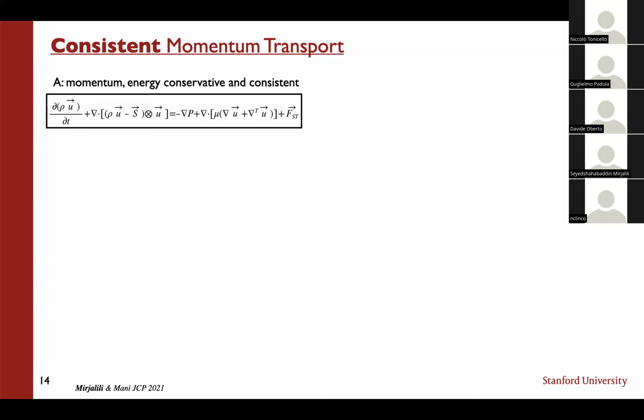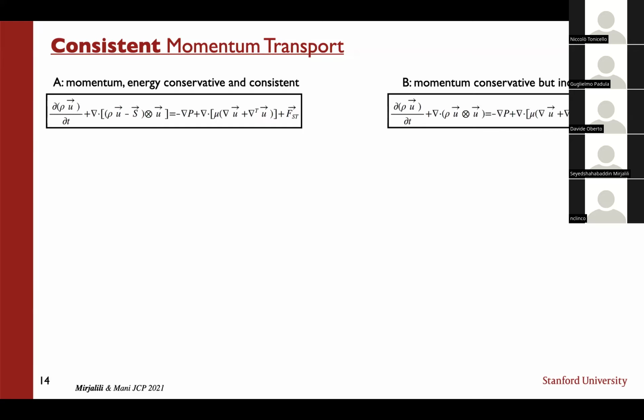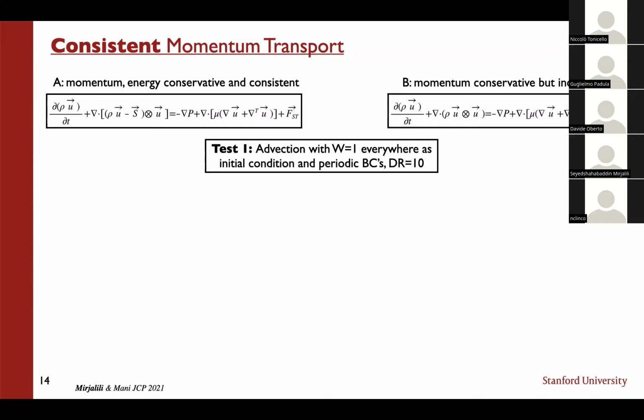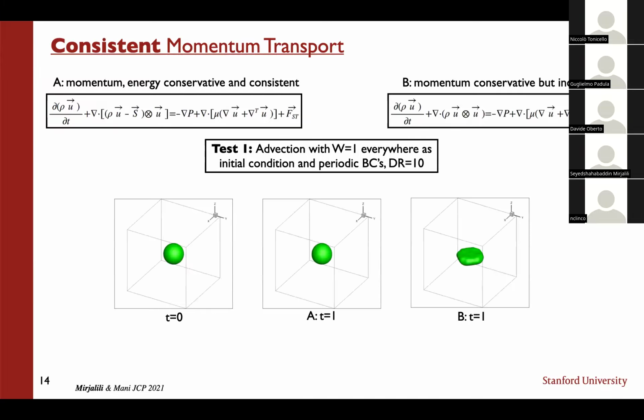Yeah, maybe I'll quickly go through this. I just want to show what the benefit of this PDE level correction is. You may think that this equation over here would work just fine, right? But it violates Galilean invariance. To prove this, I'm going to show you a case where we have a density ratio of 10, and we have advection with unit velocity in the z direction, and periodic boundary conditions, a very simple case.